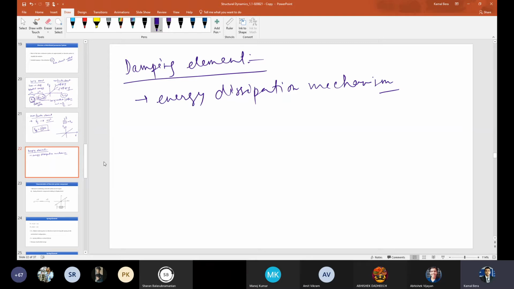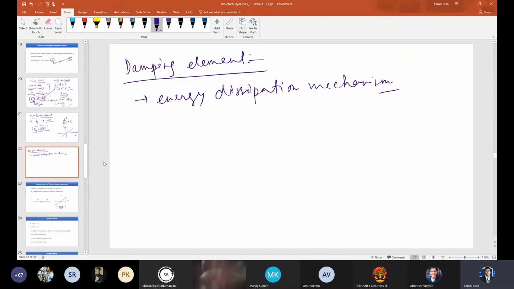Through an initial displacement or an outside force excitation, we impart some energy. In order to come to rest, there should be an energy dissipation mechanism, and that is the damping element. The dissipated energy can be converted to heat or sound.